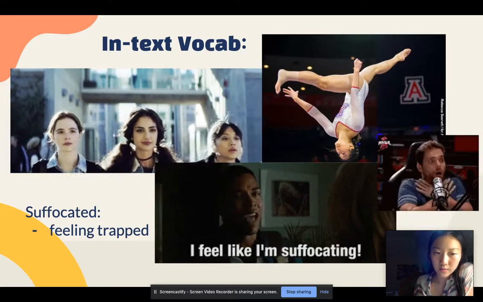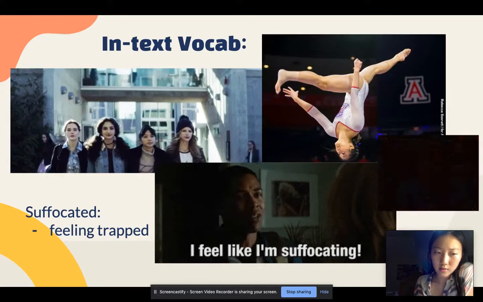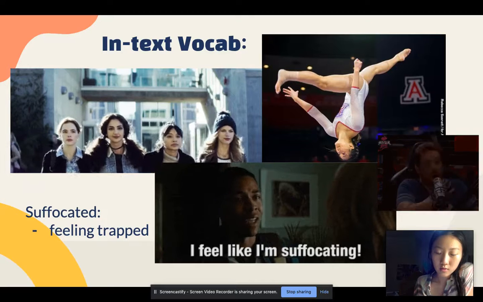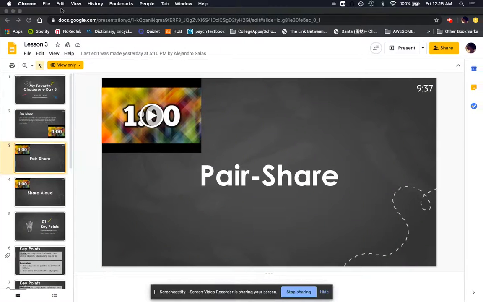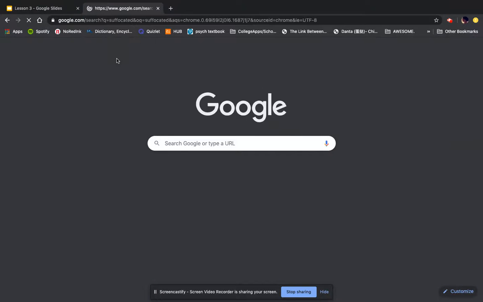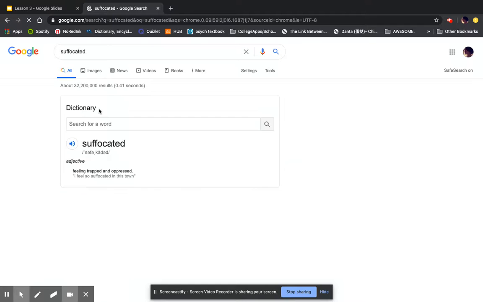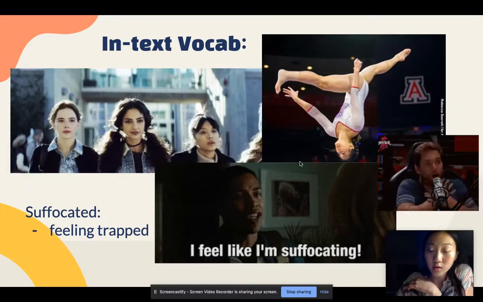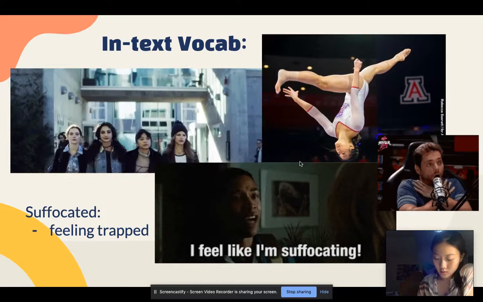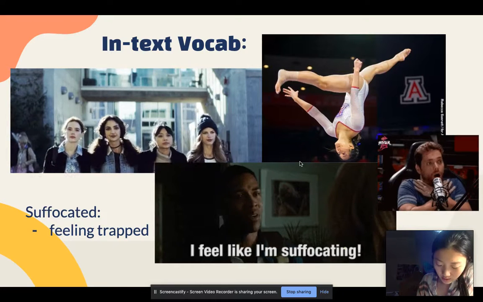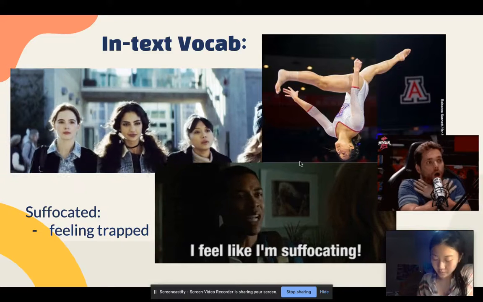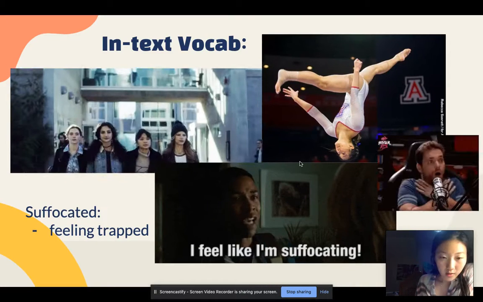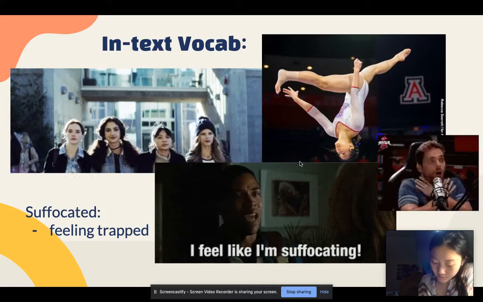Is it an adjective? Just to be sure, let's look it up. So suffocated, the feeling of being trapped, is an adjective, okay? Because an adjective is a word that describes, and this is describing how a character is feeling. So we're going to write adjective, and the abbreviation for that is ADJ. Okay, so adjective, and then we're going to write an example sentence for that.